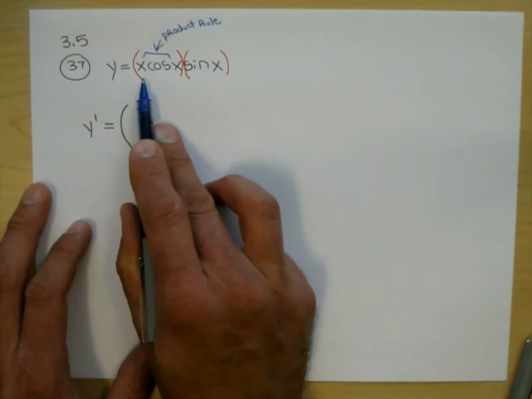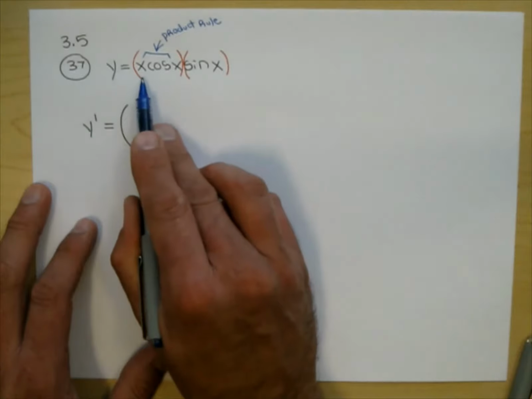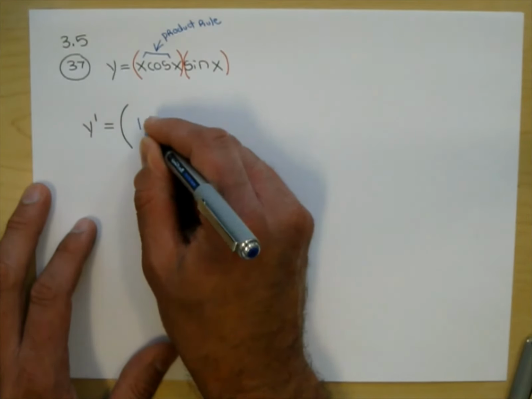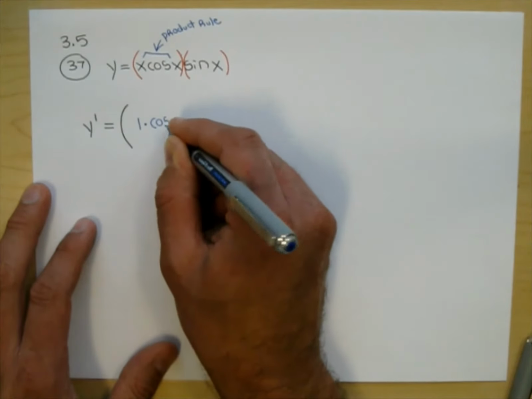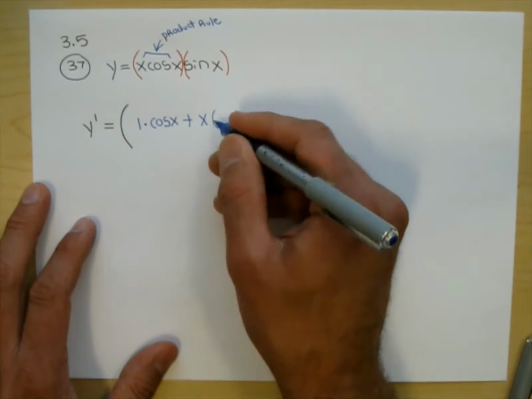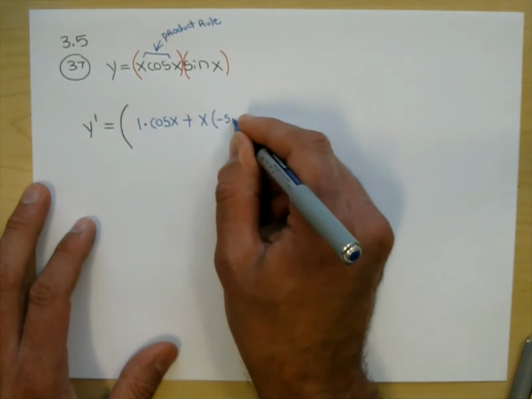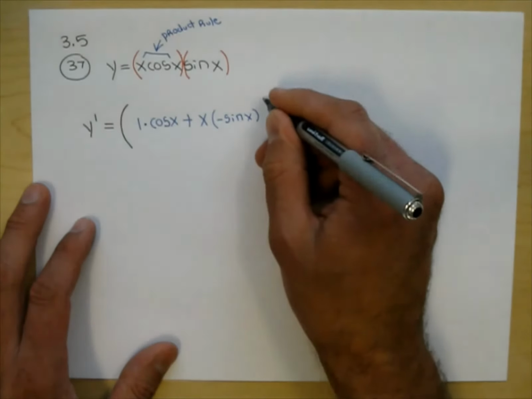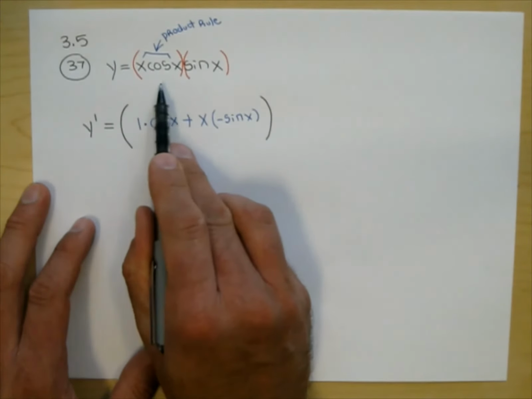So I'm doing the derivative of x cosine x. In here I'll say the derivative of the first, which is 1, times the second, plus the first, which is x, times the derivative of the second, which is negative sine x. Okay, so that was this little product rule here.